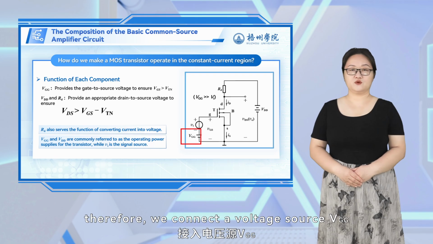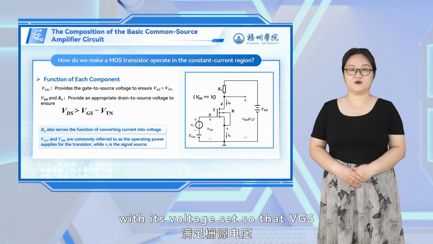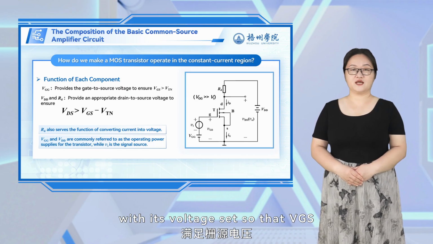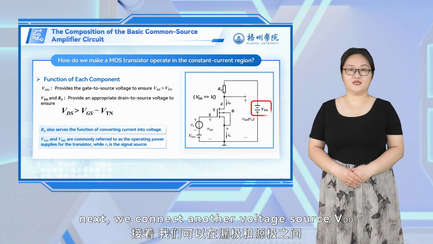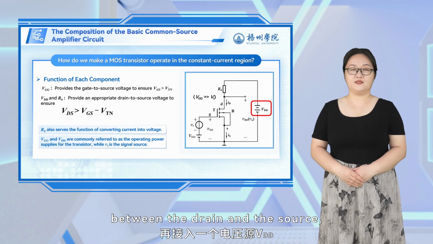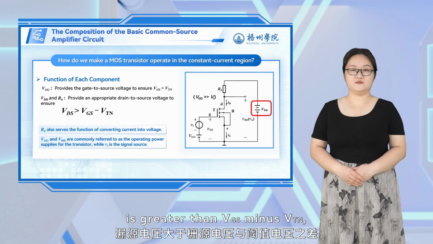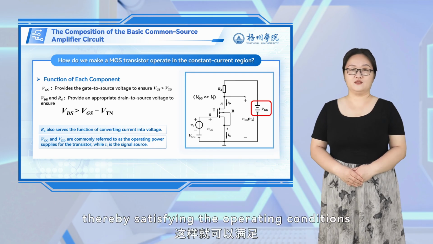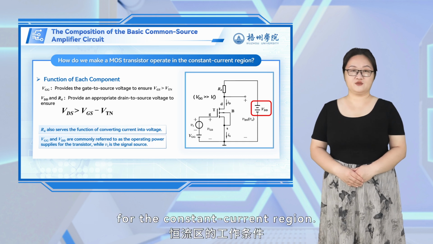Therefore, we connect a voltage source V_GG between the gate and the source, with its voltage set so that V_GS is greater than the threshold voltage V_Tn. Next, we connect another voltage source V_DD between the drain and the source, setting its voltage so that V_DS is greater than V_GS minus V_Tn, thereby satisfying the operating conditions for the constant current region.